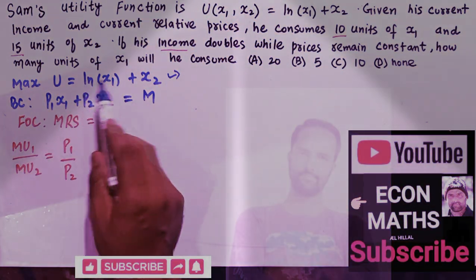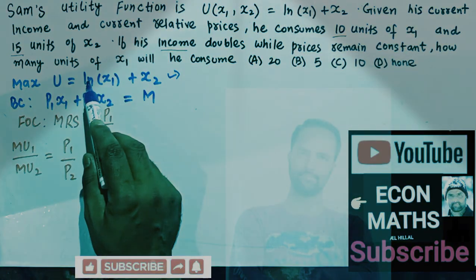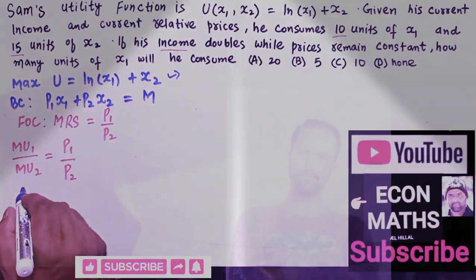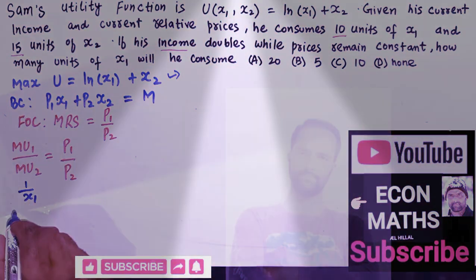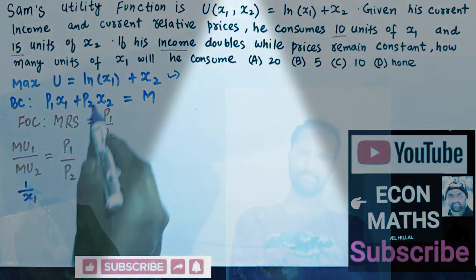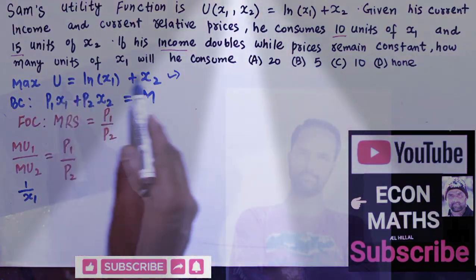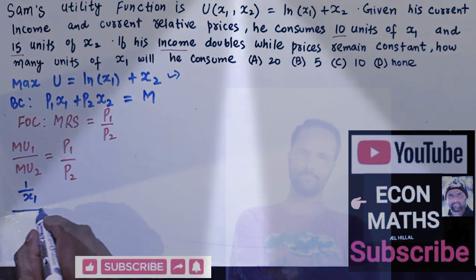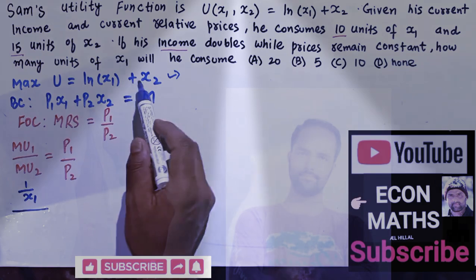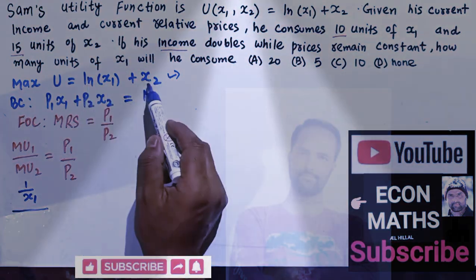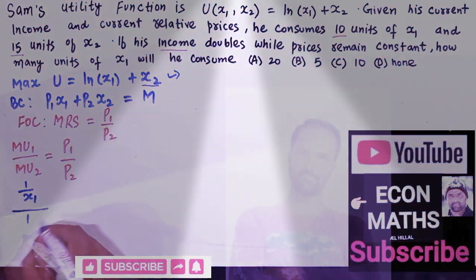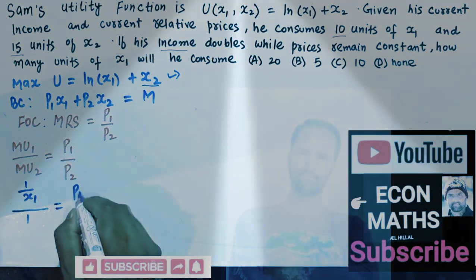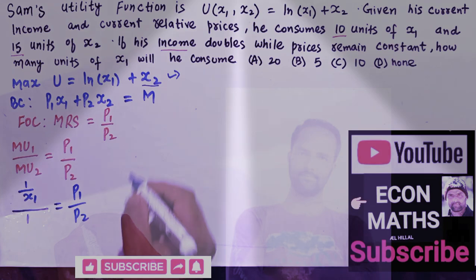We have ln x1, and its derivative is simply 1 upon x1. This is over the marginal utility of x2, so taking the derivative with respect to x2, the derivative of x2 will be 1, so we are left with 1, and this should be equal to p1 upon p2.